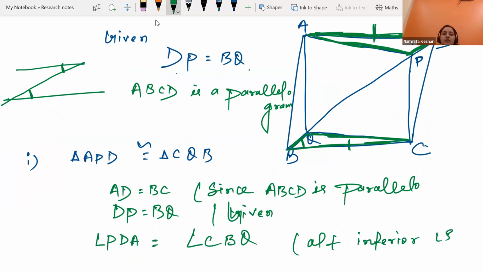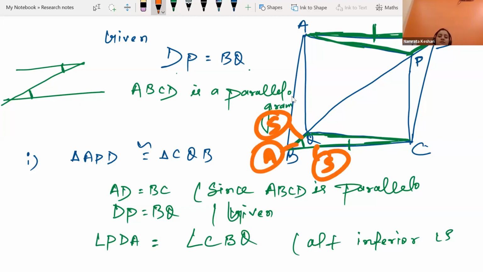Let's check which congruency is working over here. Can you see that this side we are saying is the same? This angle also we are using, and this side also we are using. So which congruency? See very carefully which congruency is working. SAS. Yes.